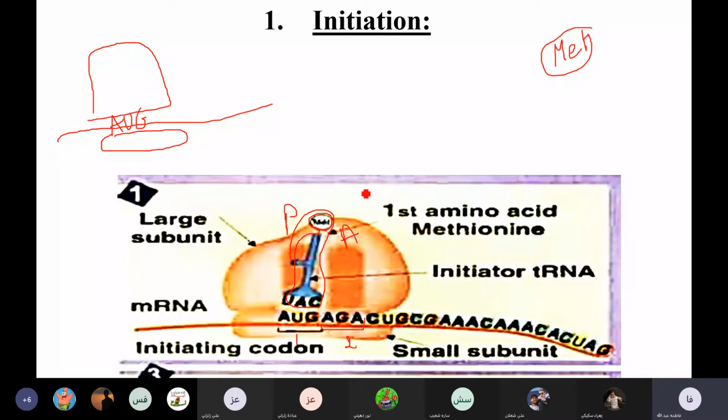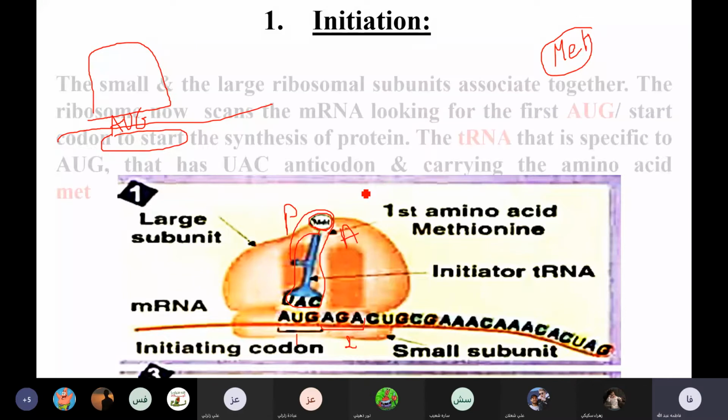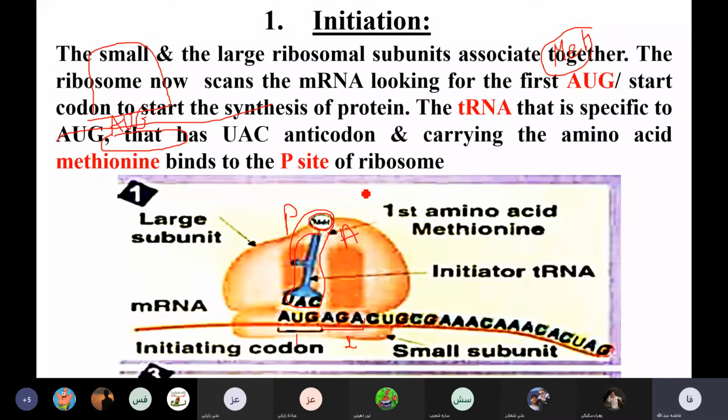So again, the steps of initiation. First, the small ribosomal subunit and the large ribosomal subunits, they will unite together, join together, associate together. The ribosome now scans the messenger RNA.